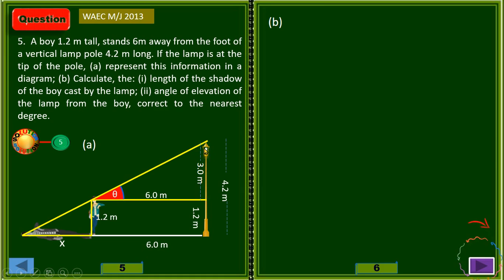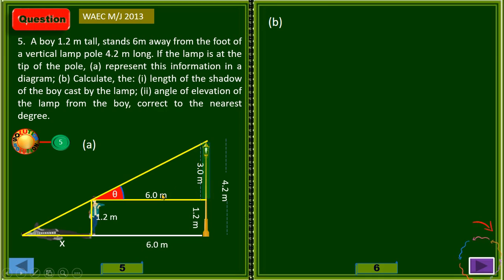Now we need this height. To be able to calculate this height, we need this angle, but this height is given, this length is given, so we can use that to find this angle in terms of cosine, sine, or tangent. Looking at the sides shown, this is opposite to this angle and this is adjacent to this angle.